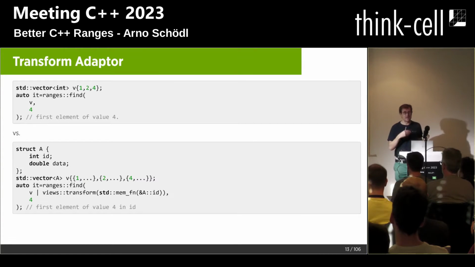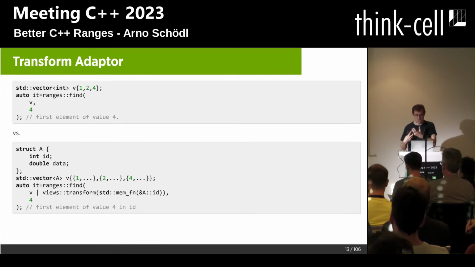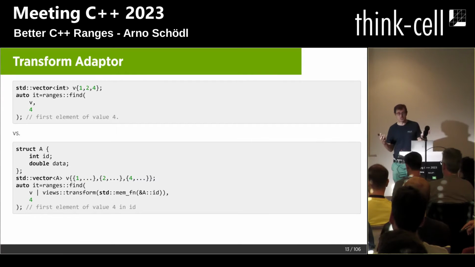So you apply this transformation function lazily while you are iterating. You get an iterator, and every time you dereference the iterator, it will actually call the projection function and give you back that projection. And now you can use the regular range find to find your 4 in that transformed version of your vector.